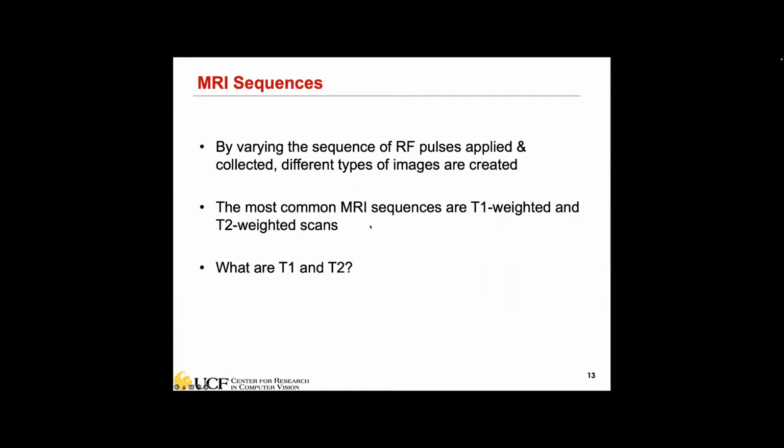By varying the sequence of the radio frequency pulses applied and collected, we can generate different types of images from the MRI scanner. The most common MRI sequences used are the T1 weighted and T2 weighted scans, right? But what do T1 and T2 mean?